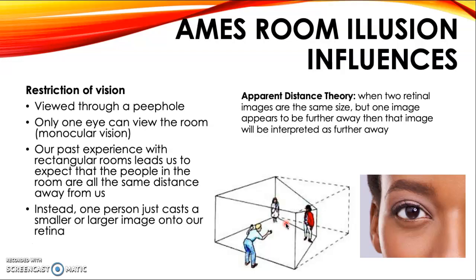So apparent distance theory is when two retinal images are the same size, but one image appears to be further away than that image will be interpreted as further away. Gosh, that sounds confusing. So two retinal images, this person here and this person here.